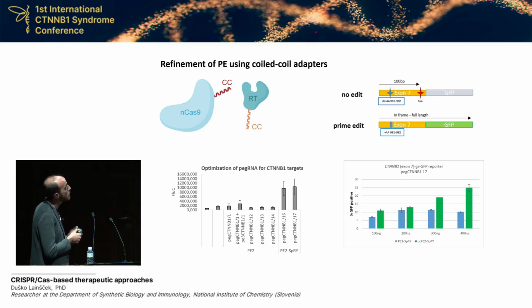When Spela approached us, we thought we could also apply this prime editor approach to treating CTNNB1 syndrome. Therefore, we first prepared a GFP reporter plasmid system, where we encoded within the plasmid DNA a mutated version of exon 7 of the CTNNB1 gene, where two adenines are lacking.